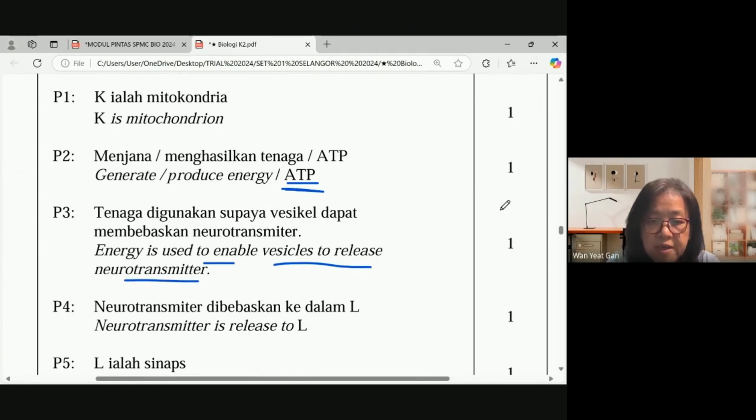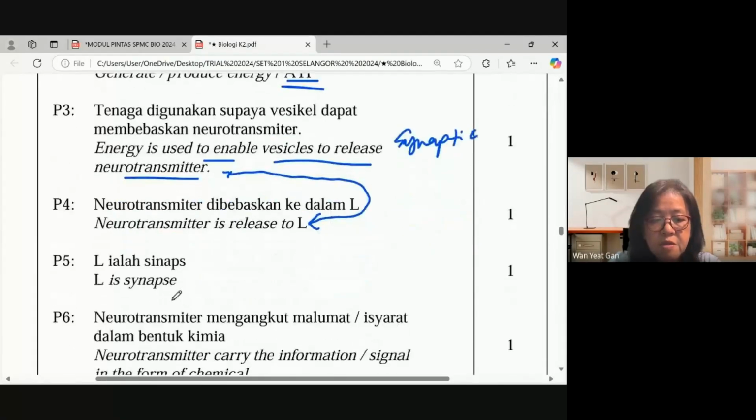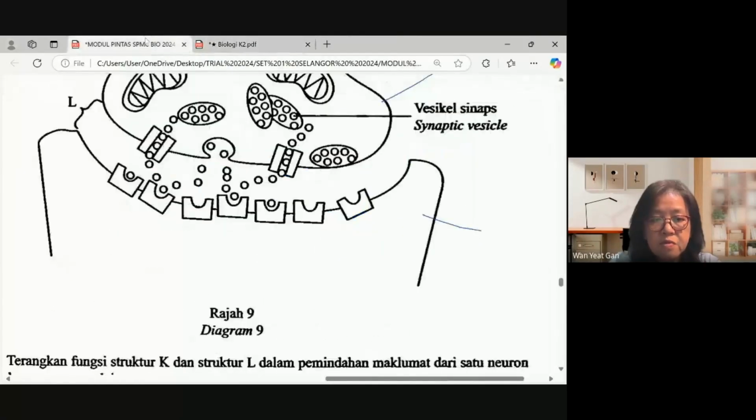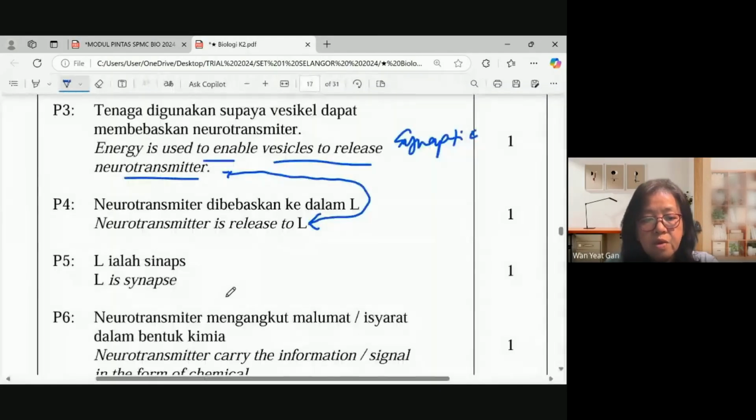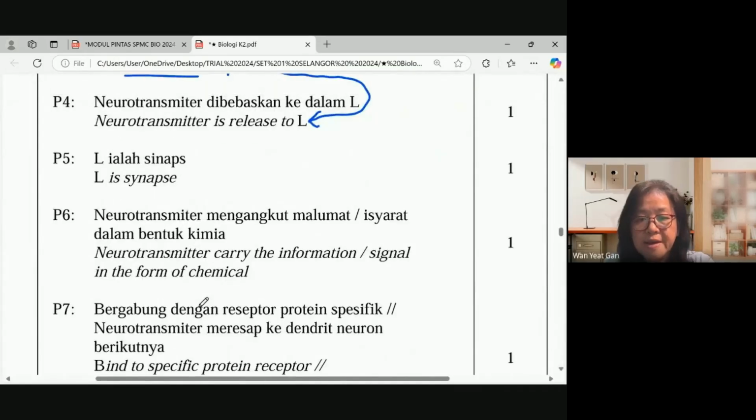The synaptic vesicle is the one that releases the neurotransmitter, and the neurotransmitter then diffuses across the synapse and binds to the receptor here of the receiving neuron. So this is the receiving neuron. The neurotransmitter diffuses across and binds to the receptor, and that will trigger a new impulse.